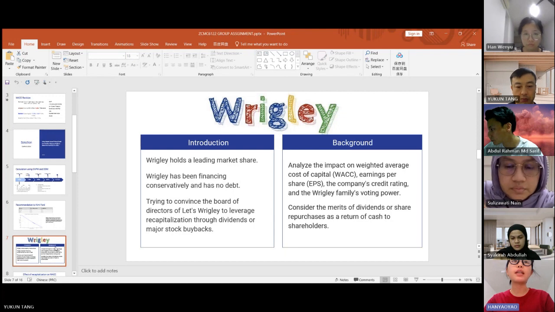So it must gauge the value shift through an adjusted present value analysis for WRIGLEY's potential re-leverage.